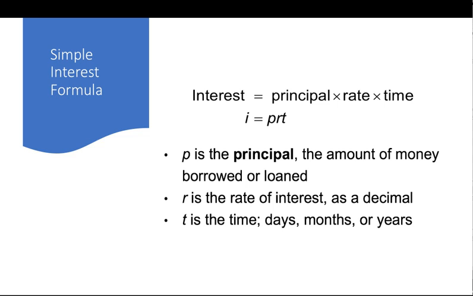And T is the time. It could be in days, it could be months, or it could be years. It always matches whatever the interest rate is. So if it's an annual interest rate, then your time is going to be in years. If it's a daily interest rate, like credit cards have a daily interest rate, then it's going to be in days.